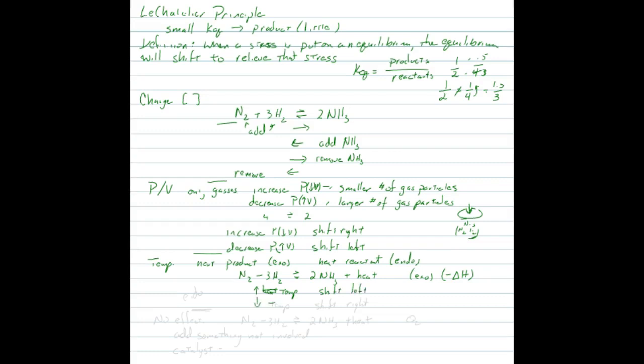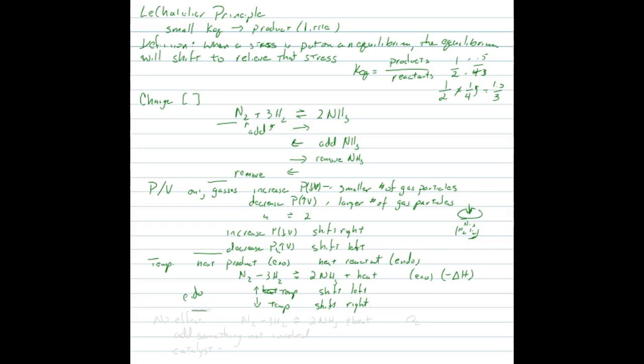If you decrease the temperature, that means you're removing some of the heat, and it will shift right. And the opposite would be, if it was an endothermic, heat would be on this side, and it would be the opposite. If you increase the heat, it will shift right. If you decrease the heat or temperature, it will shift left.